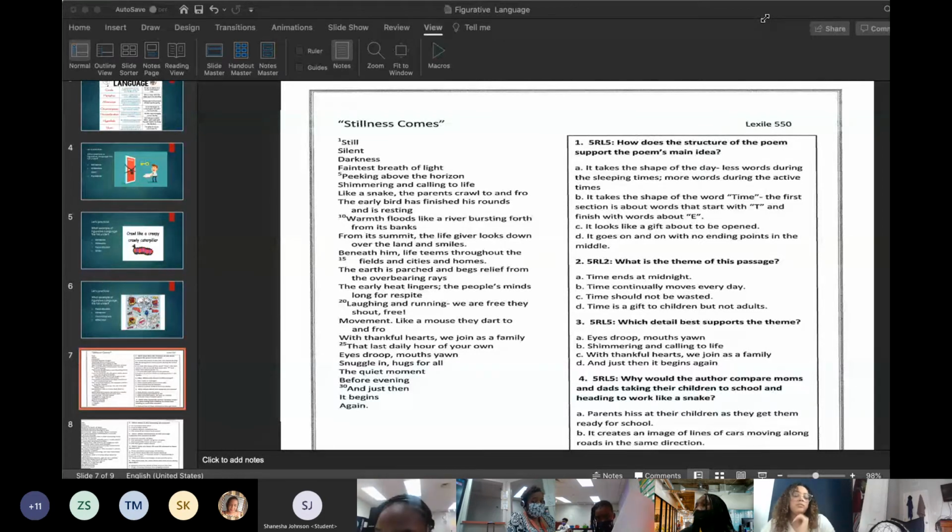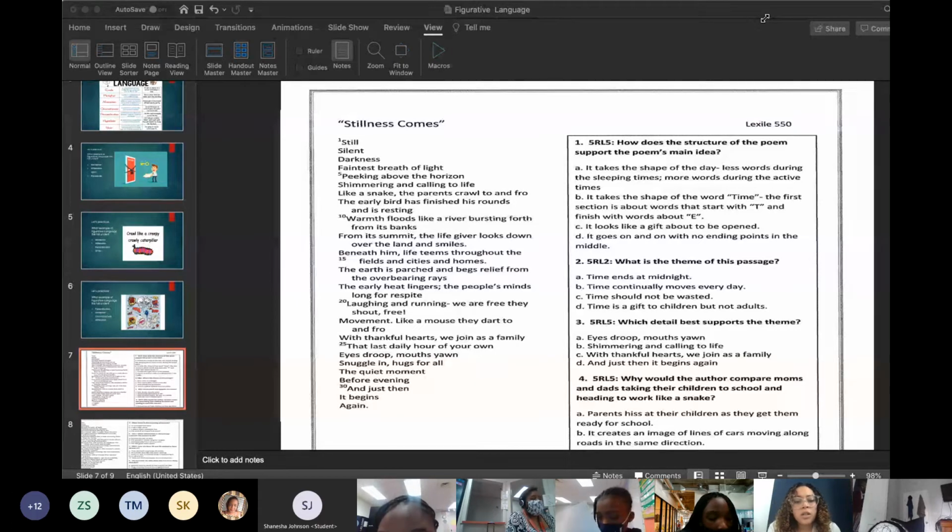Stanzas is a group of lines. What are they similar to in stories? They're similar to, like, to number each paragraph. Great, thank you.